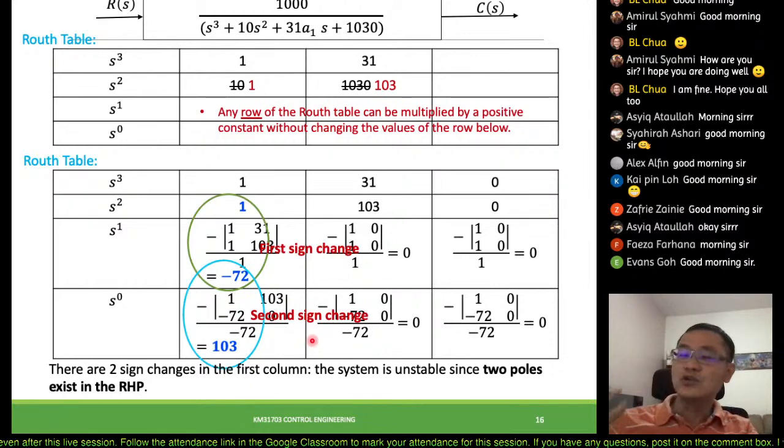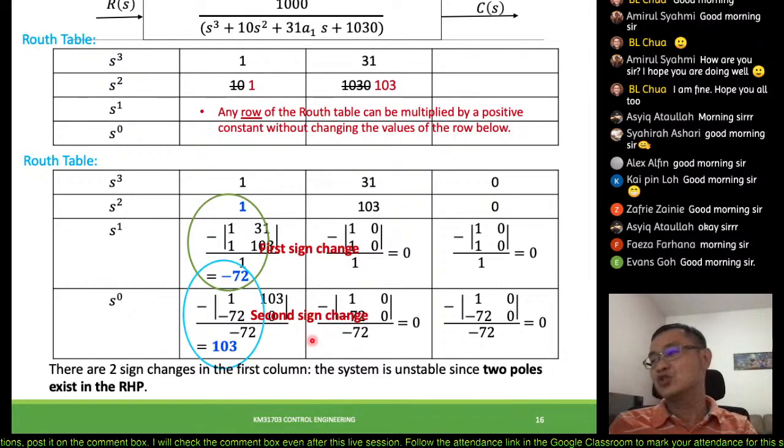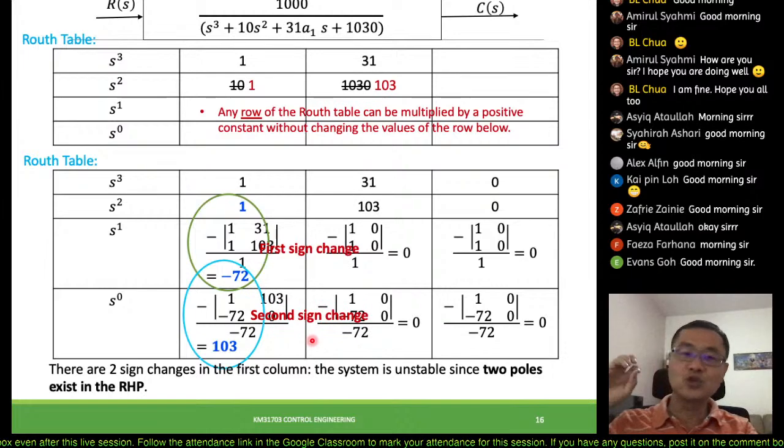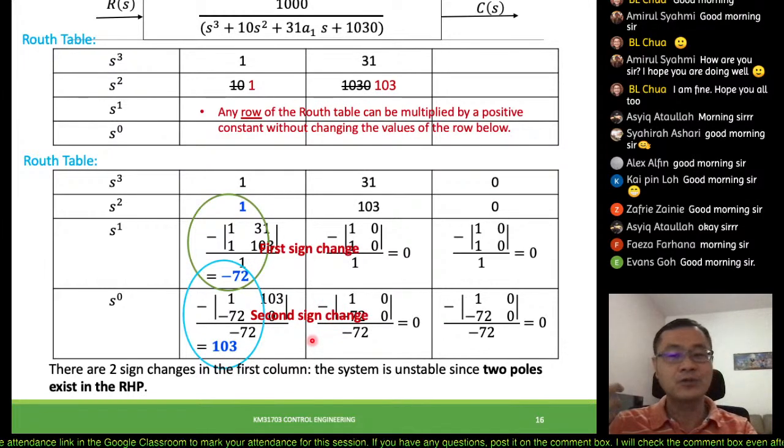So here we know that since there are two sign changes, there are two poles in the right half plane, okay, and we know that right half plane is related to an unstable system. Okay, so immediately we know that this system is unstable, right? So it's very quick to help us to actually identify the problem.